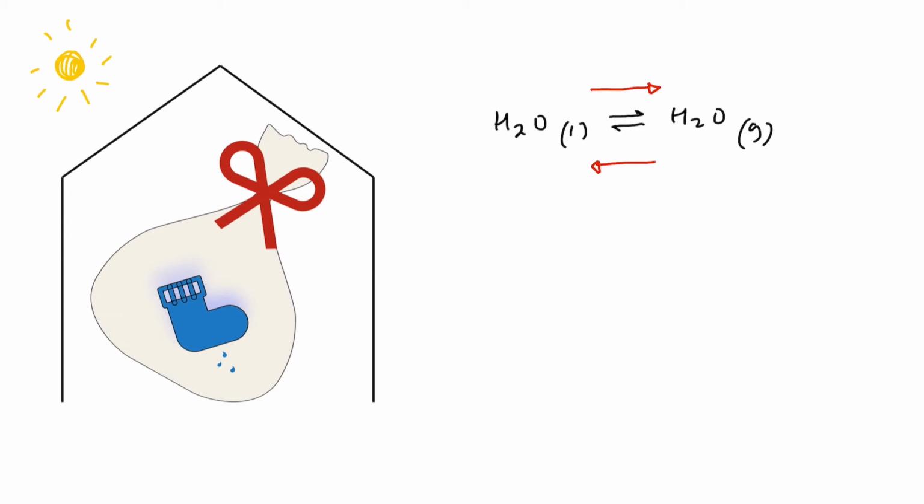Except that now our position of equilibrium has changed. It's shifted to the right because at equilibrium, because we have a higher temperature, I have got a greater amount of gaseous water than I had previously. So my position of equilibrium has shifted to the right.